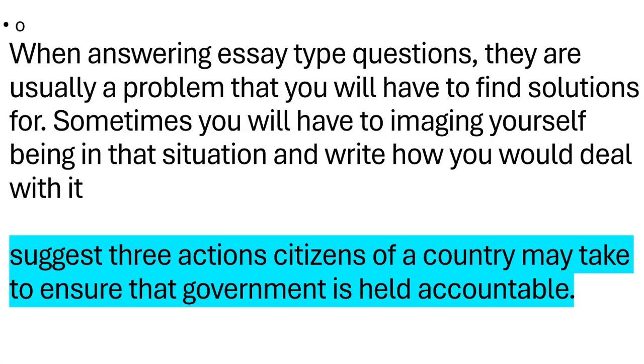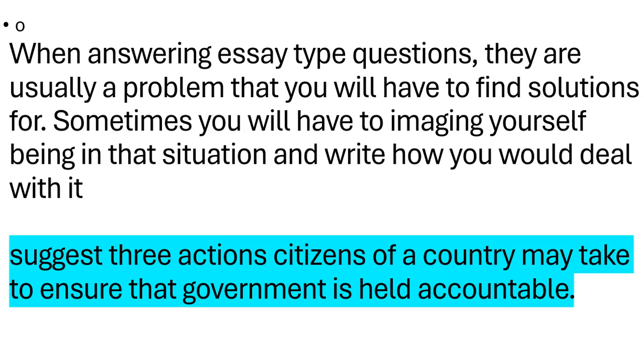Usually, you are asked to come up with at least 3 solutions to the problem. I always tell my students, put yourself in that problem, in that situation. How would you get out of it? What would you suggest that someone else do to get out of the problem?